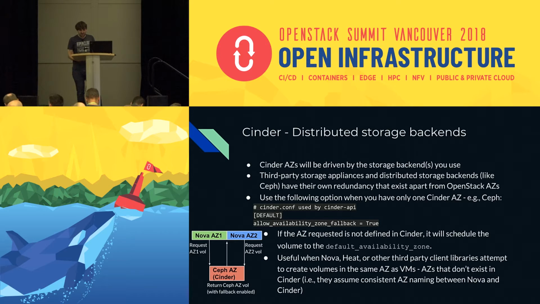In these cases, you can use the allow availability zone fallback option, and this can be useful for some of the flows in Nova, Heat templates, and some of the other third-party client libraries that sometimes assume that they should create volumes in the same Cinder availability zone as the Nova availability zone used for VMs. Otherwise, the API requests to create the volume can fail if Cinder considers it an invalid availability zone.